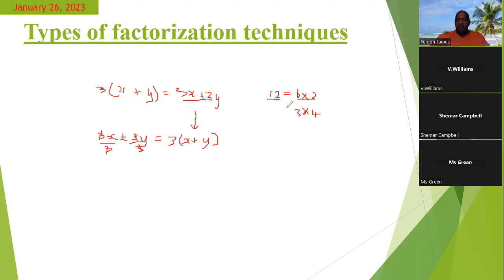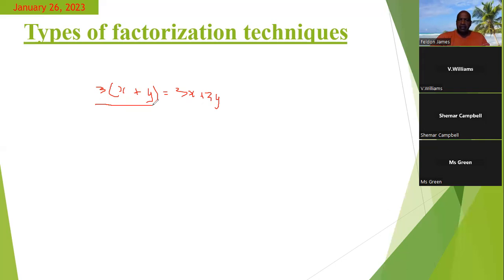Previously, when we were removing brackets, we started off with the factors and we multiplied out the brackets, and so we got the product. Just to recap, we are reviewing from the previous topic. Our previous topic was what? Brackets. You were given something like this and asked to remove the brackets.